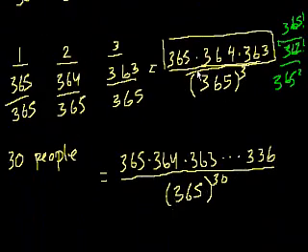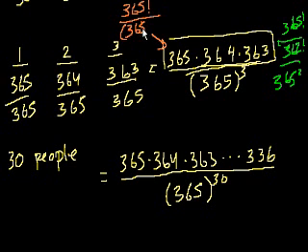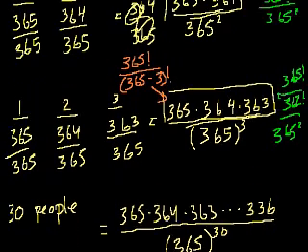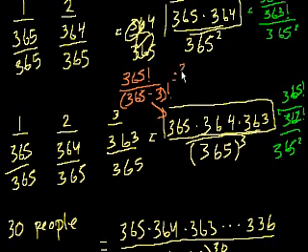And then likewise, this numerator you could rewrite as 365 factorial divided by 365 minus 3 factorial, since we had 3 people. And that should hopefully make sense, right? 365 minus 3 is 362 factorial.